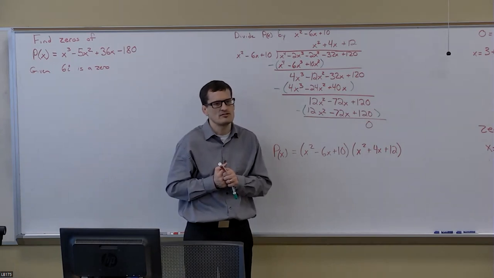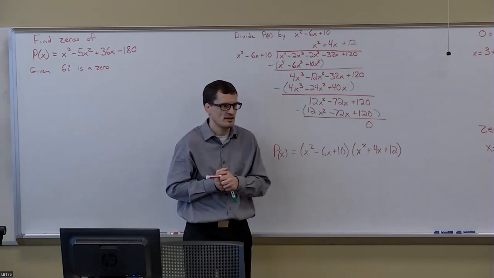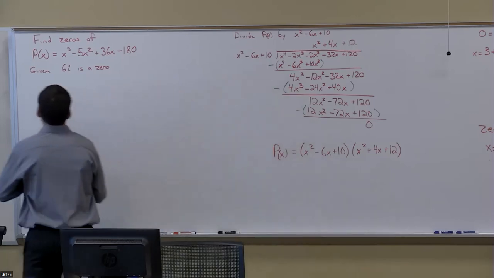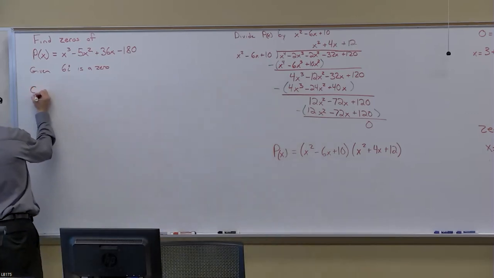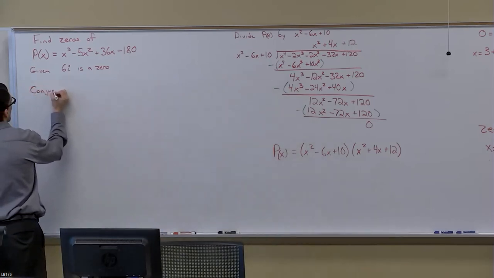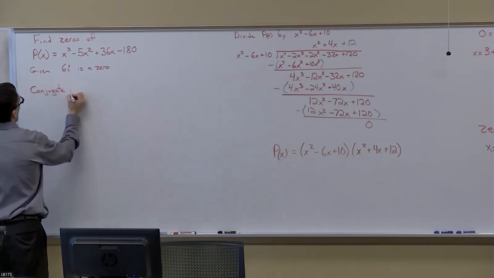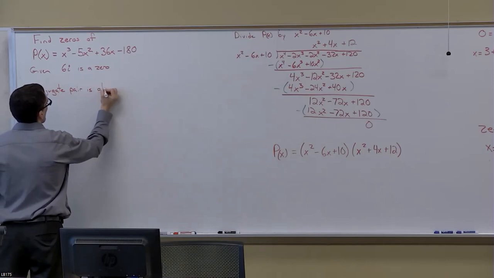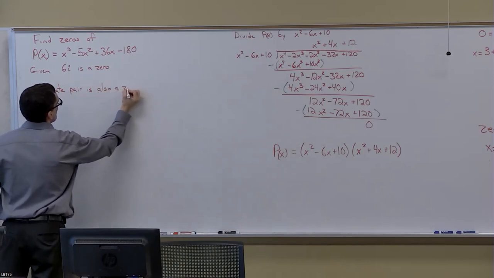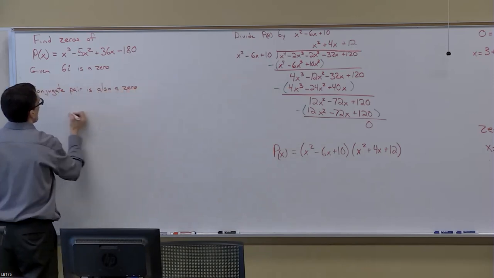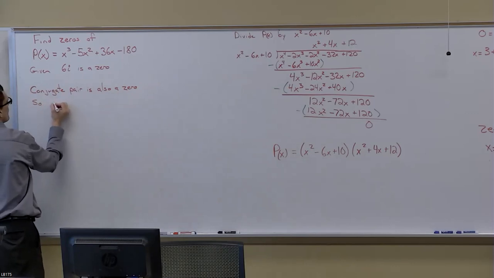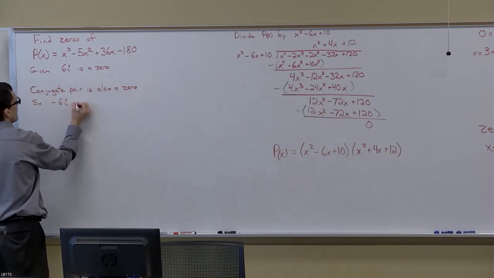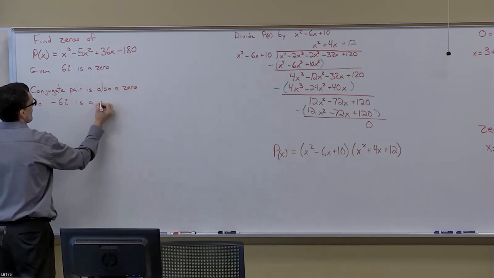So the complex conjugate pair would be 0 minus 6i. So the conjugate pair is also a 0. So negative 6i is also a 0.